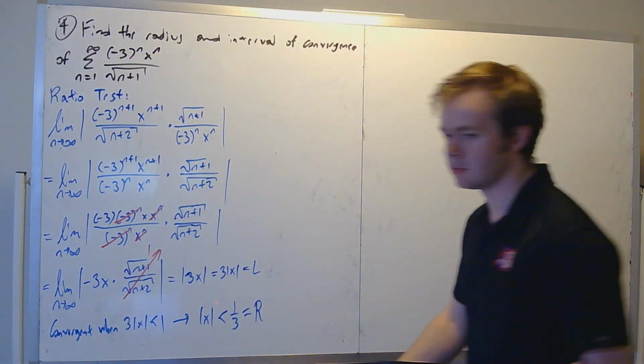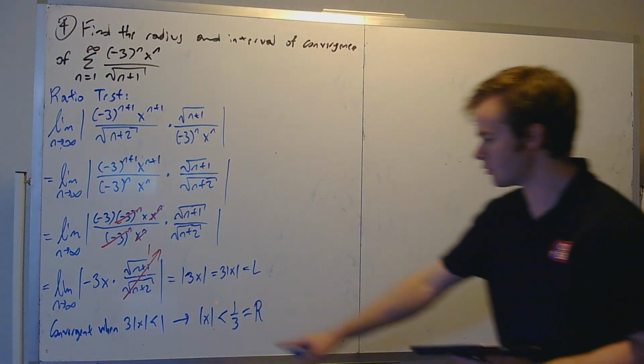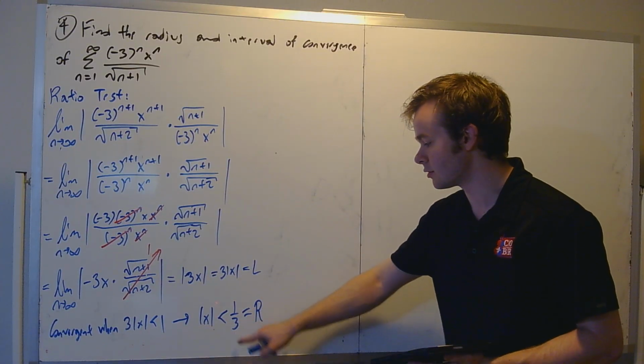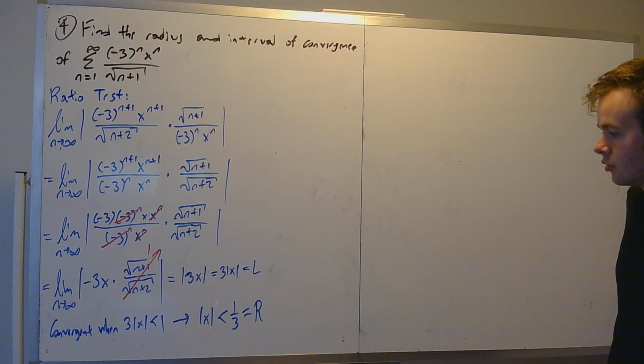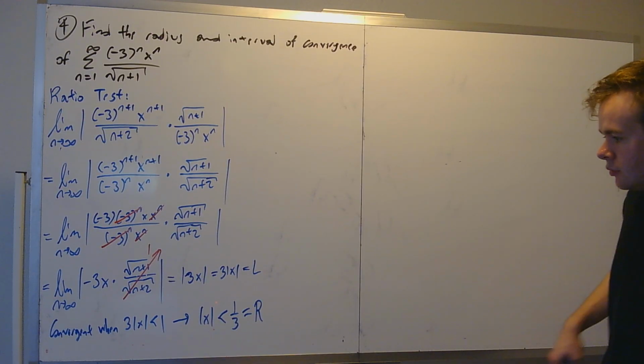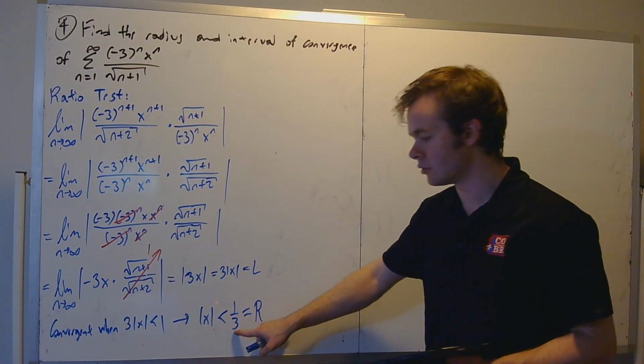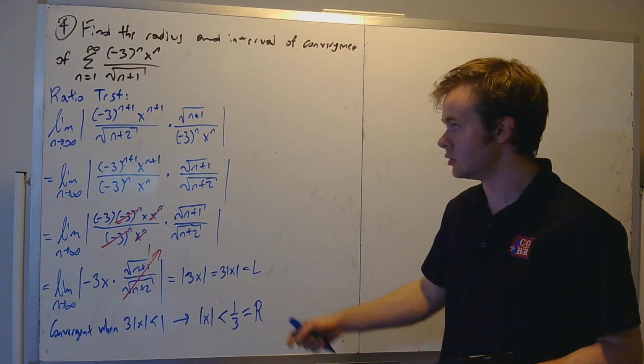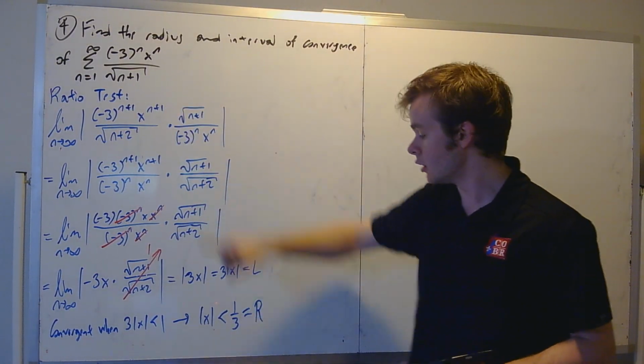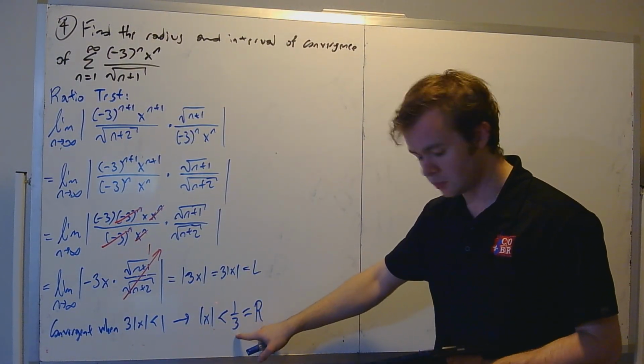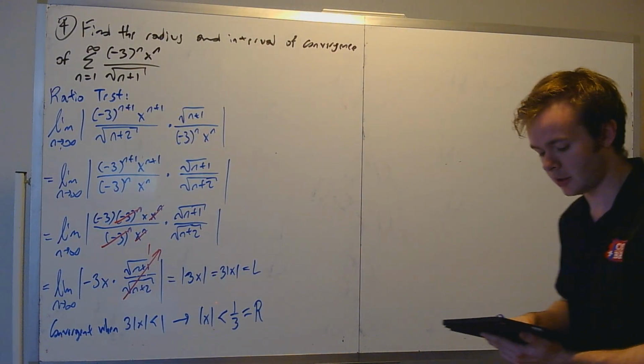That's going to be our radius of convergence, because we're saying here that absolute value of x has to be less than 1/3. Okay. So if absolute value of x is greater than 1/3, then we know it's divergent, again by the ratio test. But if absolute value of x is equal to 1/3, we don't quite know what happens.